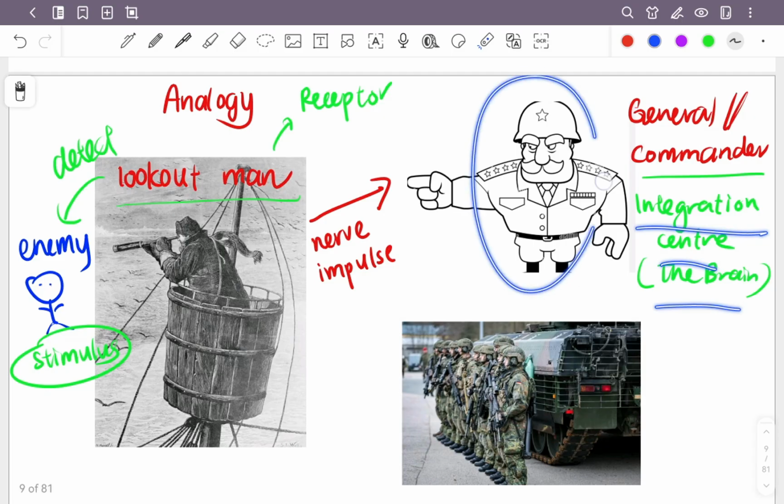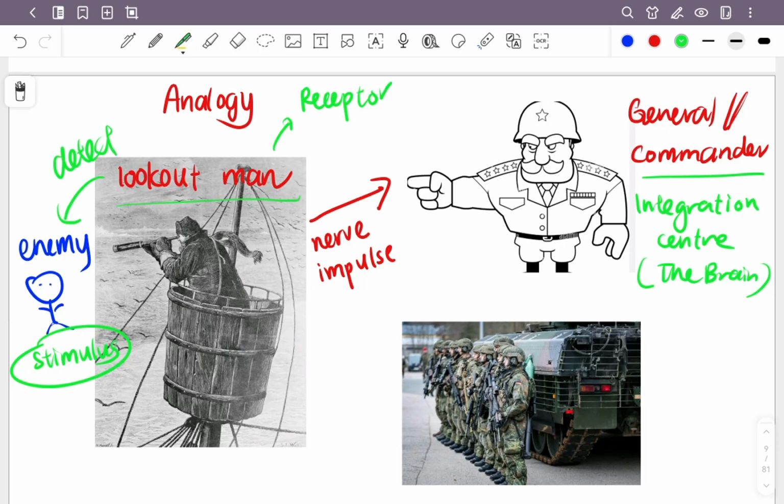So he's going to process the nerve impulse, which is the signal. Now you have an enemy, attack or not? Let's say I said attack. So he's going to give a command to the soldiers. In scientific terms, we also say the nerve impulse. These are the soldiers, but in scientific terms they are actually the effector, because they are the ones who carry out the response.